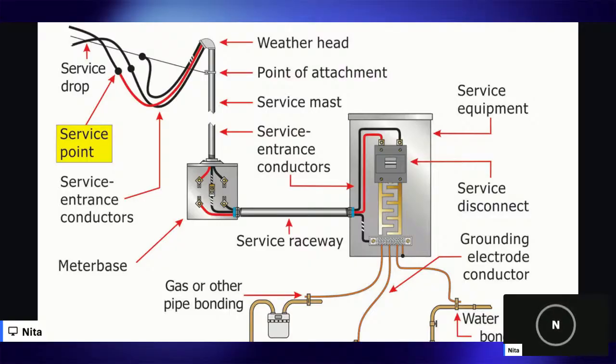It returns back to the source via the neutral. So your hot or ungrounded conductor carries electricity to your devices. The neutral, or the grounded conductor, gives you a return path for your current because it's always flowing. You understand?